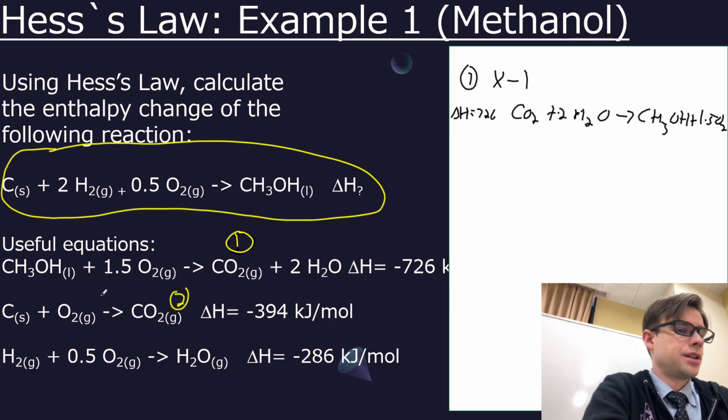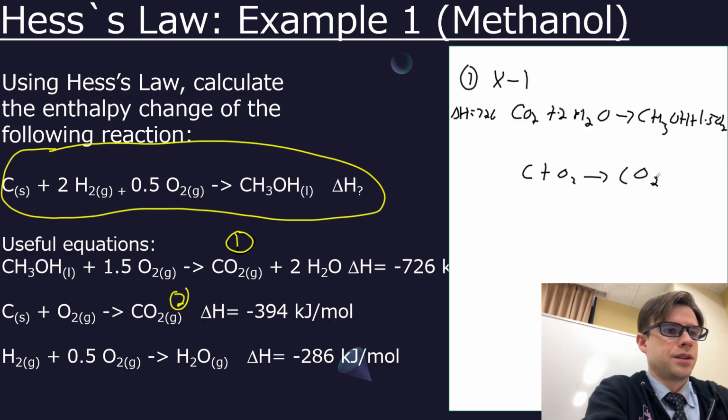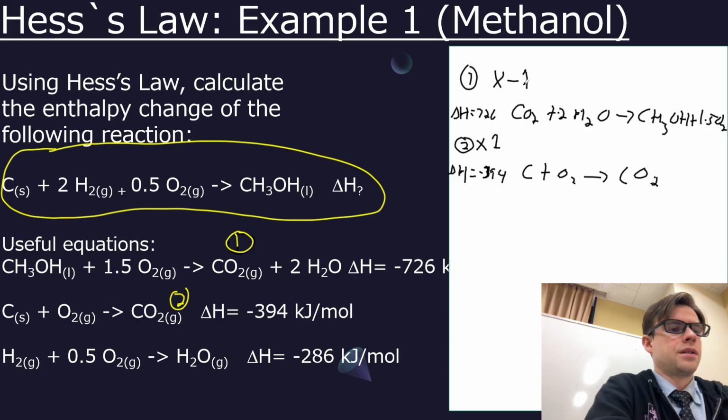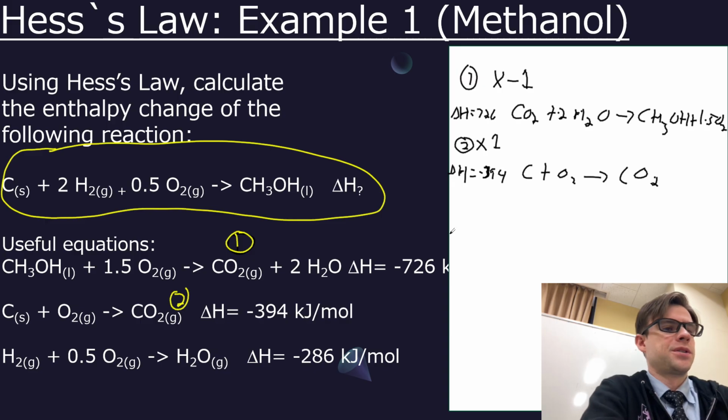So why not just take this as it is, carbon plus O2 goes to CO2. No need to multiply or reverse anything. Delta H for this stays the same, minus 394. Okay, so just to be very clear, we're taking equation number 2, multiplying by 1. All right, so throw that into the mix that we're going to add together.